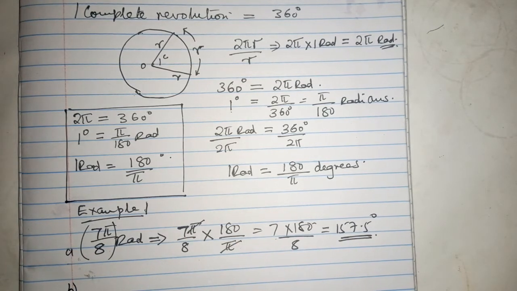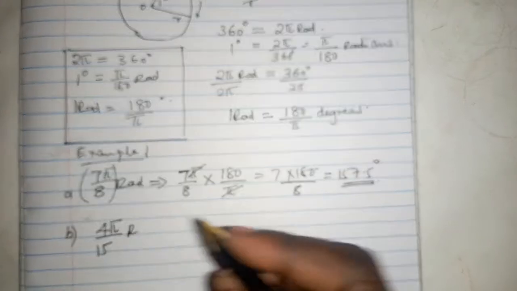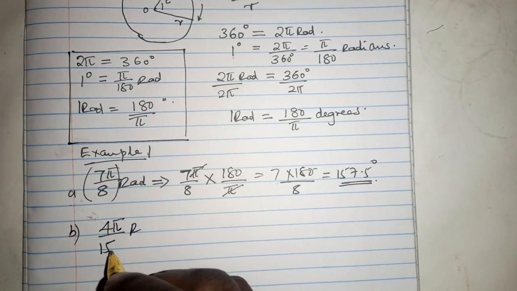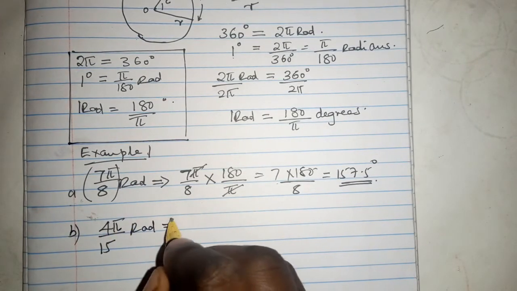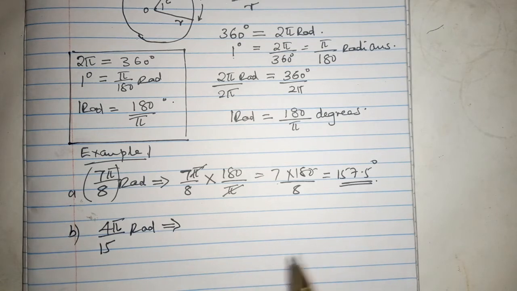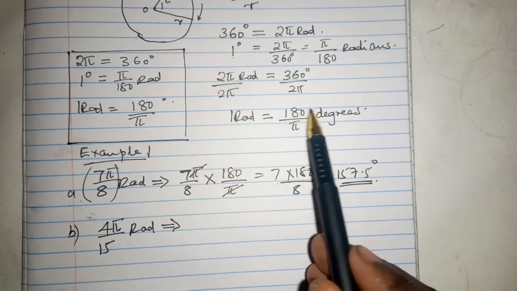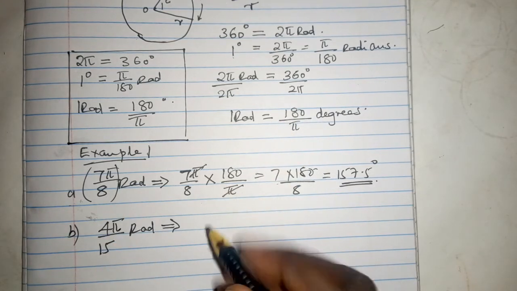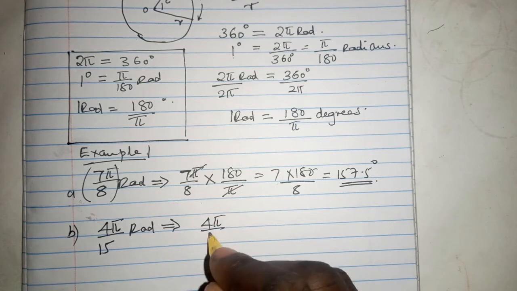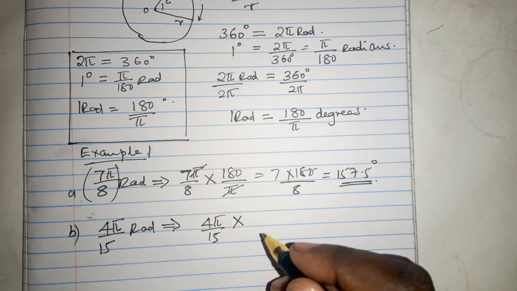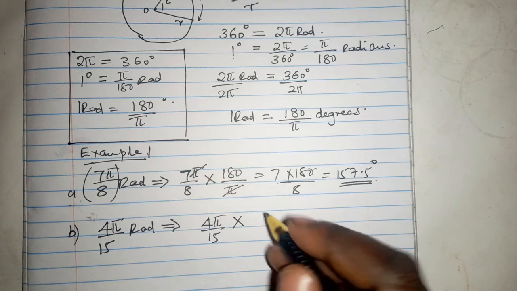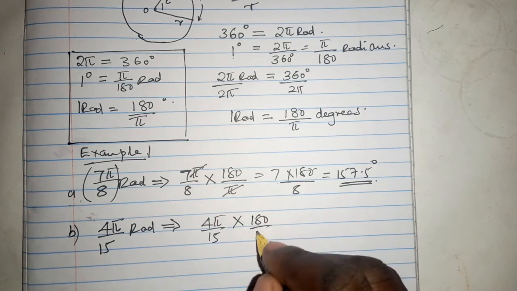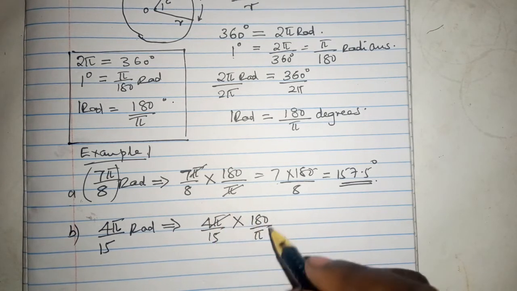Example 1, part B, is 4 pi over 15 radians. How many degrees is this? Again, if 1 radian is equivalent to 180 over pi degrees, we multiply 4 pi over 15 by 180 over pi, and the pi cancels.